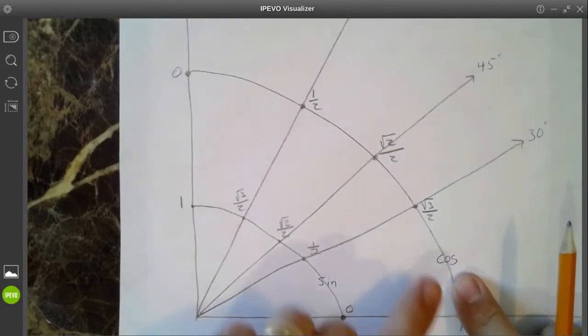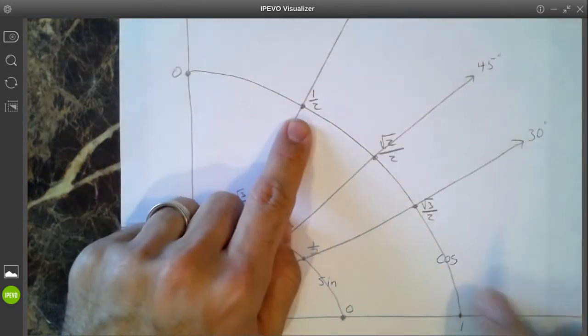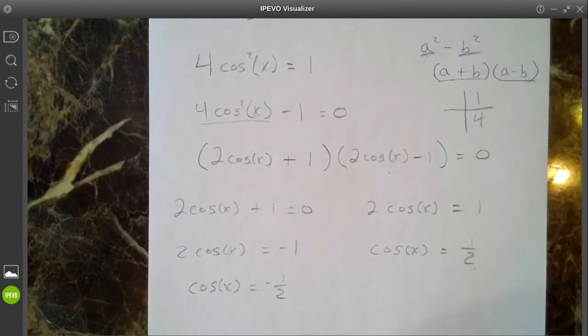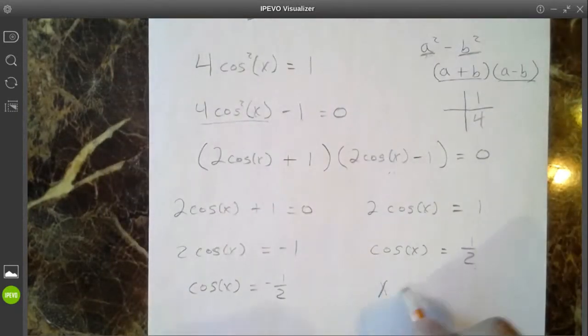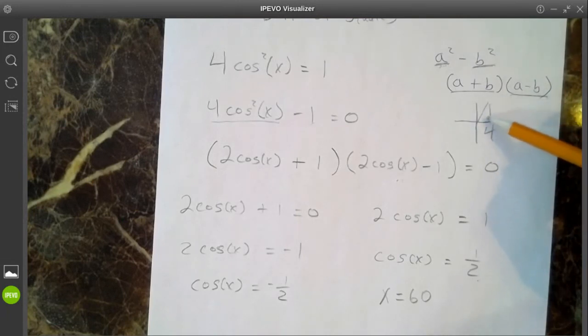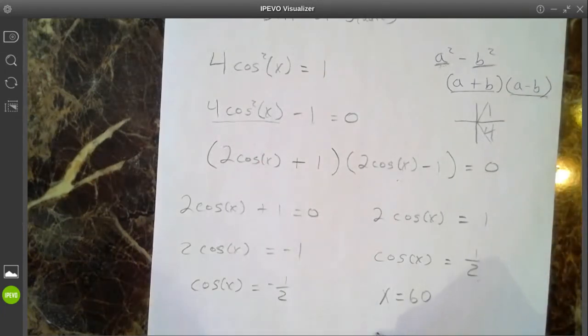So cosine positive 1/2 occurs at my 60-degree angle. So one of my answers is equal to 60 degrees. All right, so that's that one right there. Now the reference angle for that in the 4th quadrant would be right here, which I believe is 300. Yep, x equals 300.